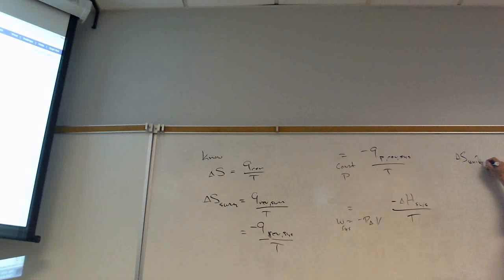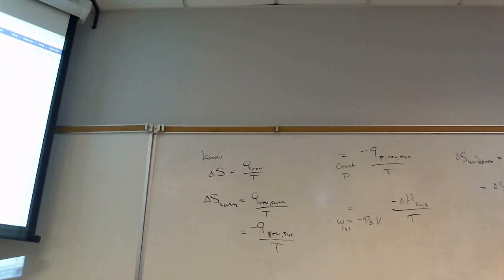Delta S of the universe is equal to delta S of our system plus delta S of our surroundings. Whatever the total change of the system's entropy combined with the total change of the surroundings entropy. Now the surroundings entropy is just going to be minus delta H of the system over T.